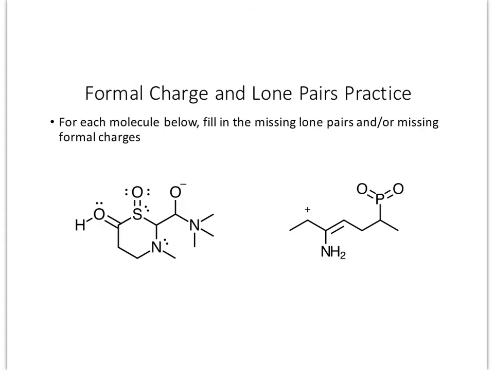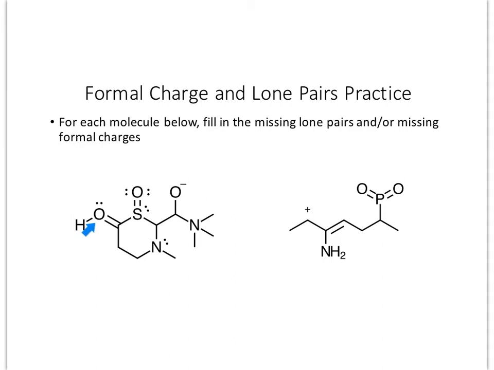So that's kind of what we want to do here on this slide. Can you look at these structures here and figure out how many lone pairs or what formal charge the atom needs to have in order to have everything make sense?